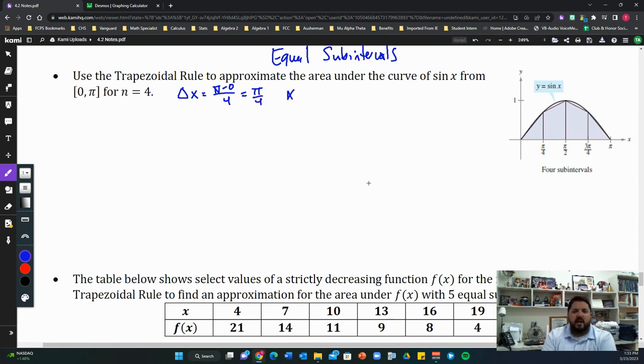Then if I want to list out my endpoints, that set would go from 0 to pi over 4, 2 pi over 4, which is really pi over 2, 3 pi over 4, and then pi, or 4 pi over 4. So the only big difference now is when I go to set up my formula, each height doesn't get used once.